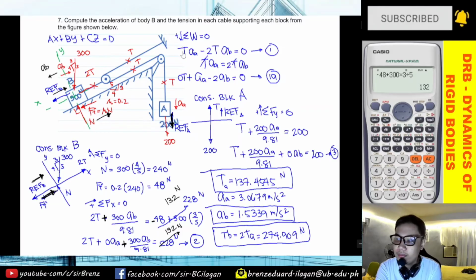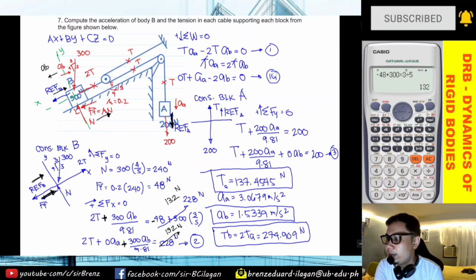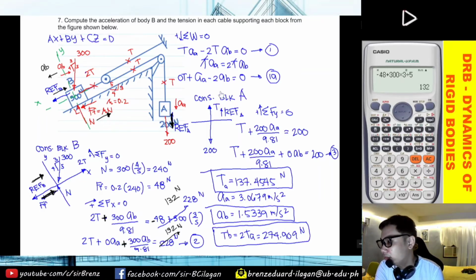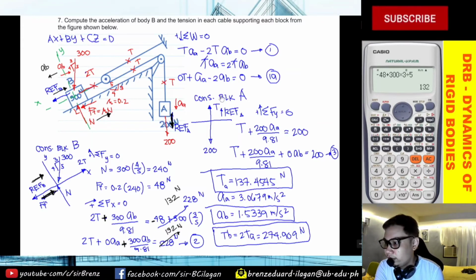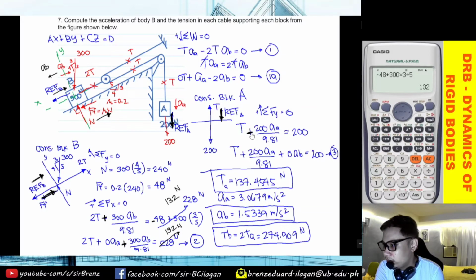Kung assume kung pataas ganun din naman eh. So wala naman magbabago dito. And then for block A, so ito nga is magiging going downward. Reverse effective force. So ito magiging minus, no? So kaninang plus, naging minus siya.